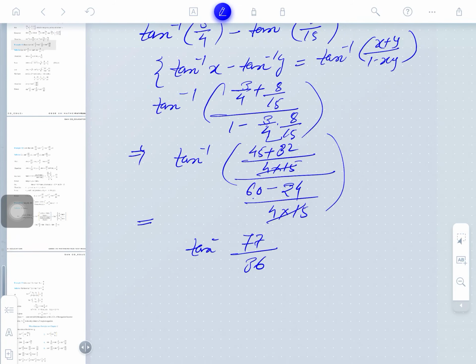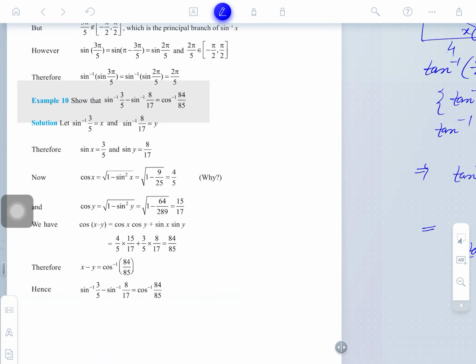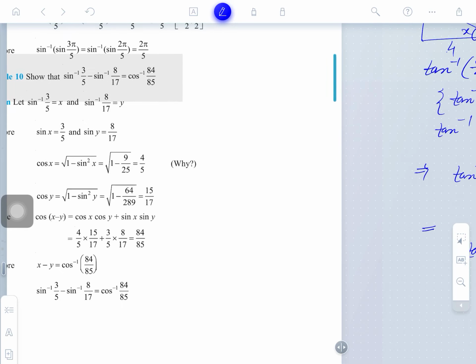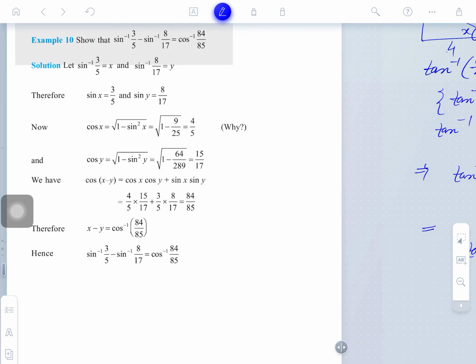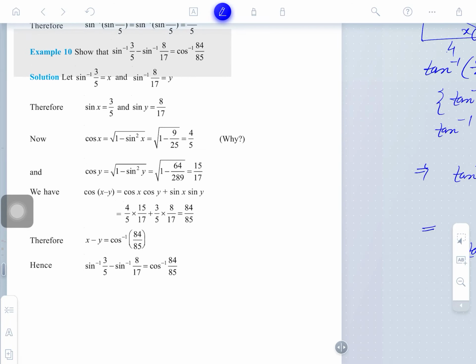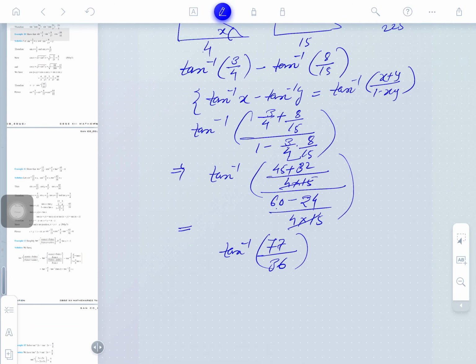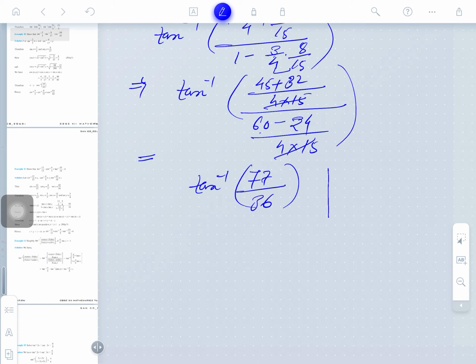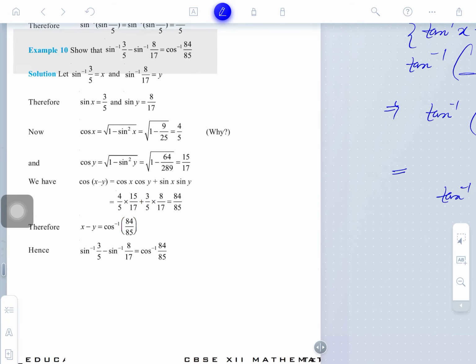Yes, and here it will be tan inverse of x, right? Further can we solve it? No. So is this answer coming here 84? But no, cos is to be brought here, not sine, cos is to be brought. So how can we bring this? I'm telling you the method of bringing that here. Cos again is tan, meaning 77, 36 is there. We have to bring this. But what is the question asking here?